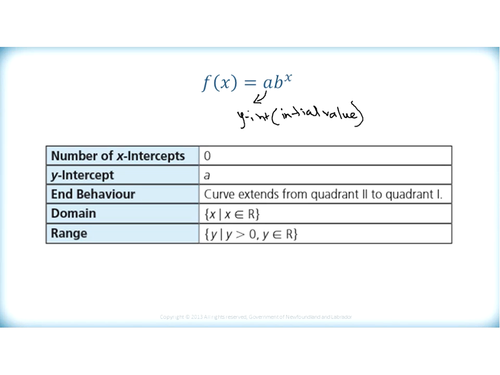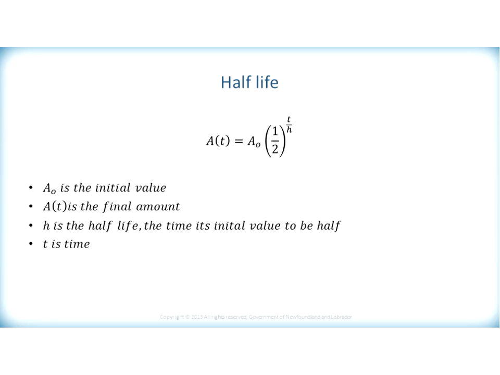And b will always tell us if it's an increasing or decreasing function. Remember, if b is greater than 1, then it's an increasing function. If b is between 0 and 1, then it will be a decreasing function. The domain is all x belonging to the set of real numbers, and the range is y such that y is greater than 0.